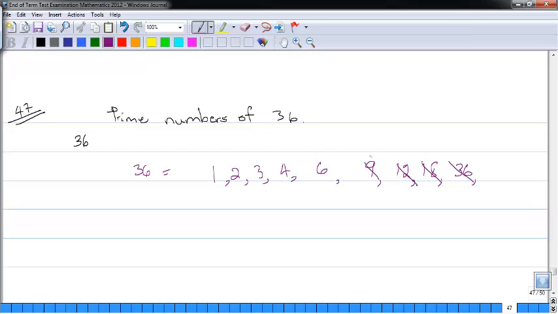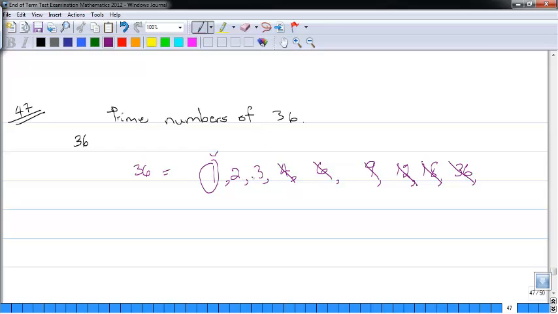It can't be 9 because 3 and 9 can go in there, and 1 can go in there also. Can't be 6. Can't be 4. We won't use 1 because 1 is universal to all the things that we'll do.